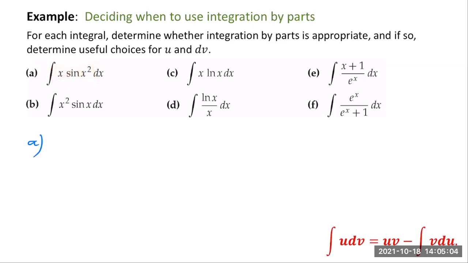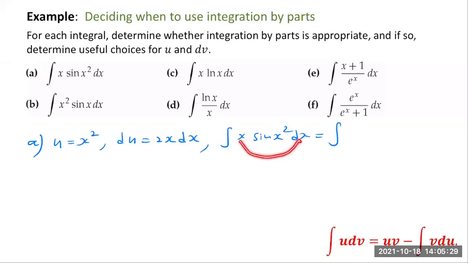If you take u equal to x squared, that will give you du equal to 2x times dx. And if you do the u substitution, the integral of x times sine x squared dx is equal to integration of... notice that you have x times dx here. x times dx is equal to du divided by 2.